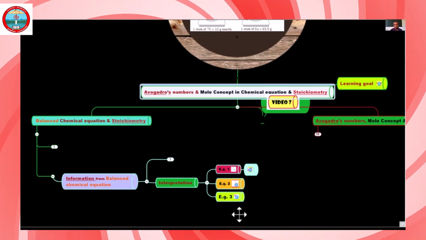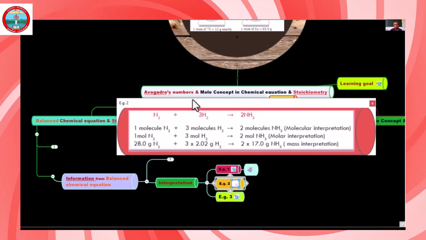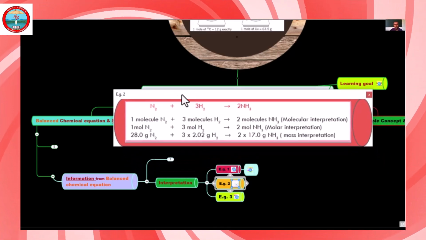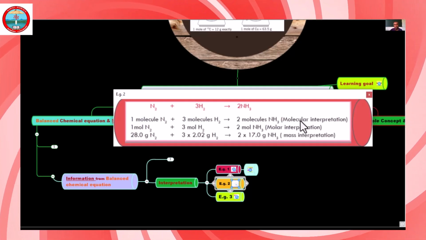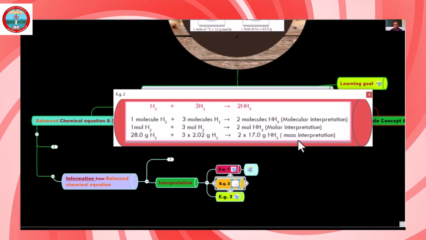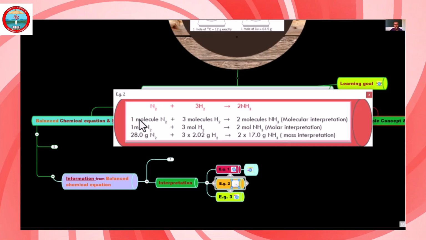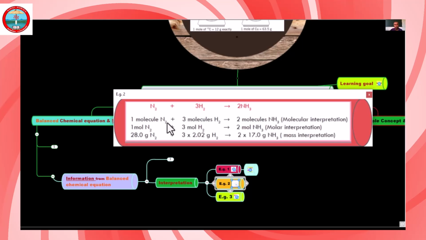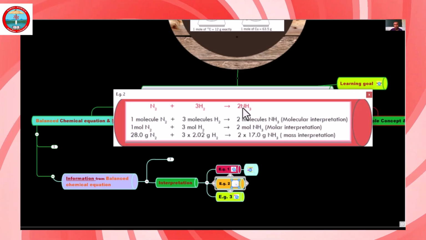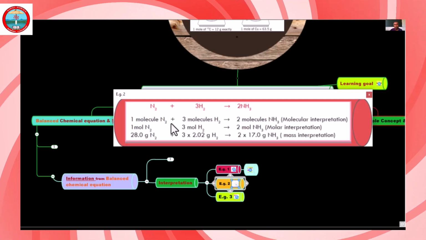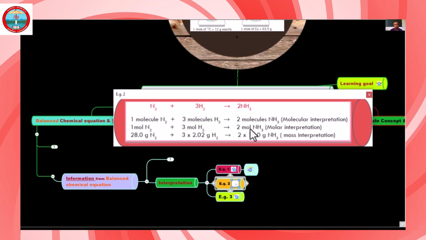Another example is the reaction between nitrogen and hydrogen to produce ammonia. In this chemical reaction, we can interpret it in terms of molecules, in terms of moles, and in terms of mass. The molecular interpretation is that 1 molecule of nitrogen reacts with 3 molecules of hydrogen to produce 2 molecules of ammonia, and the molar interpretation is that 1 mole of nitrogen reacts with 3 moles of hydrogen to produce 2 moles of ammonia.